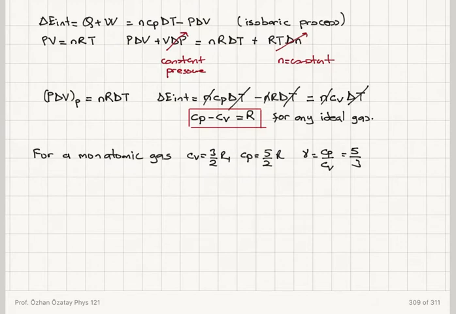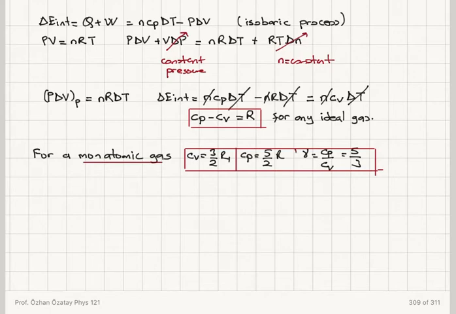So for this monatomic gas, Cv is 3/2 R, Cp is 5/2 R, gamma, the ratio of Cp to Cv, is 5/3.